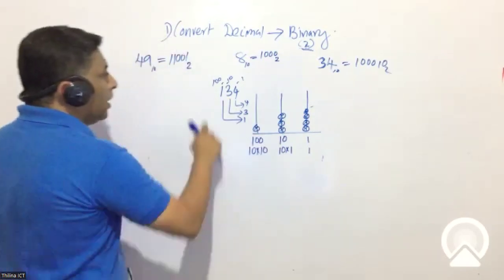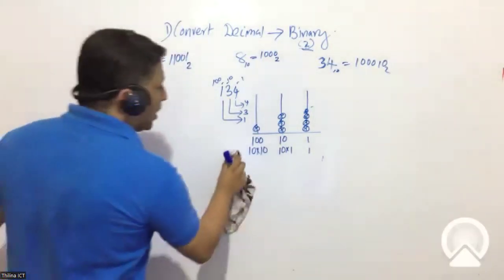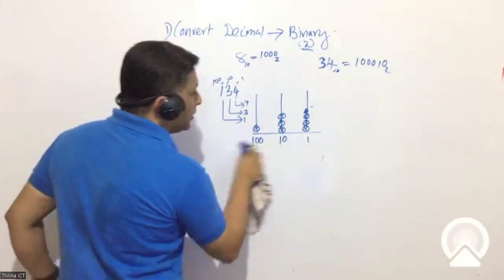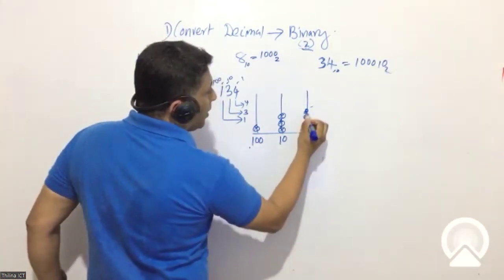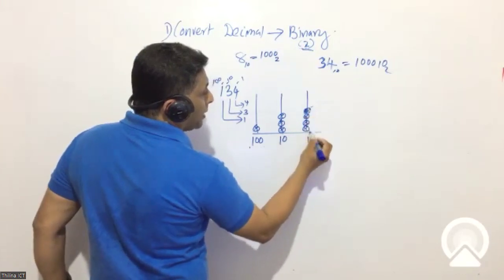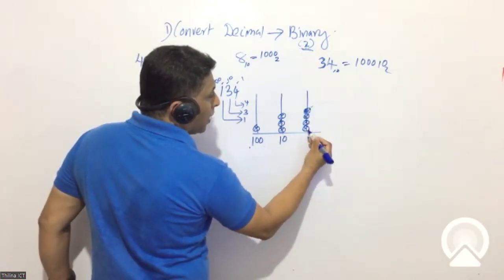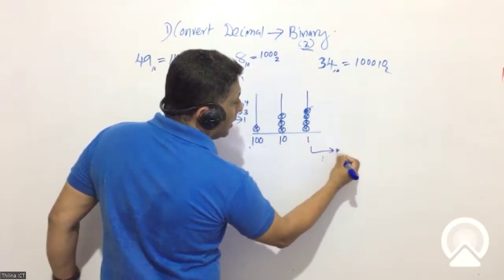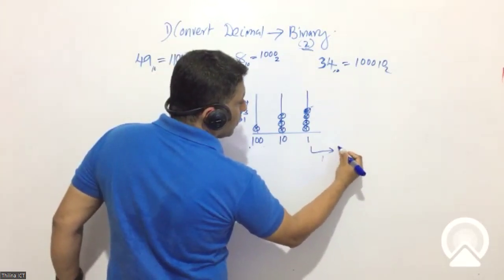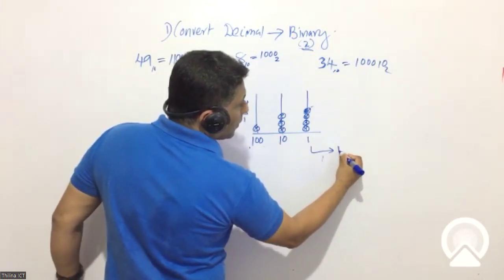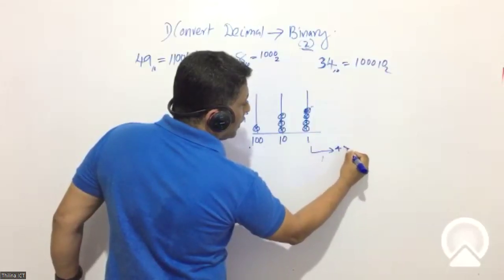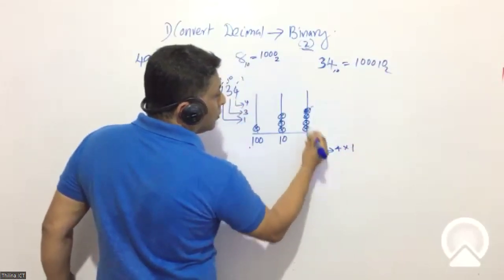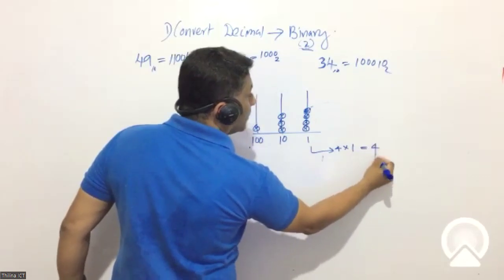So how is this 134 formed here? We got 4 beads. Position value is 1, so 4 beads. Here it represents 4 into 1, that's 4.